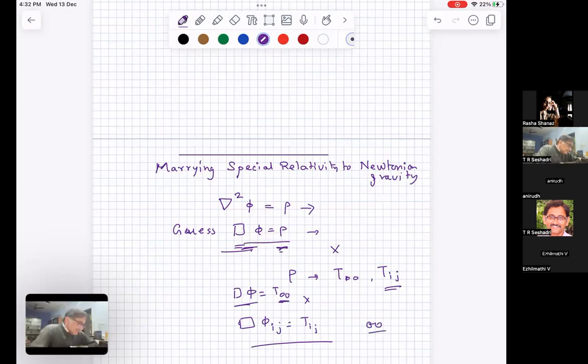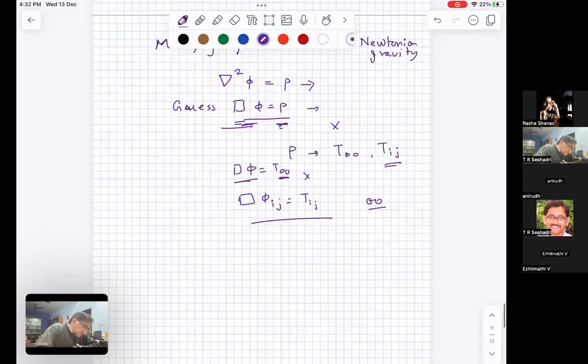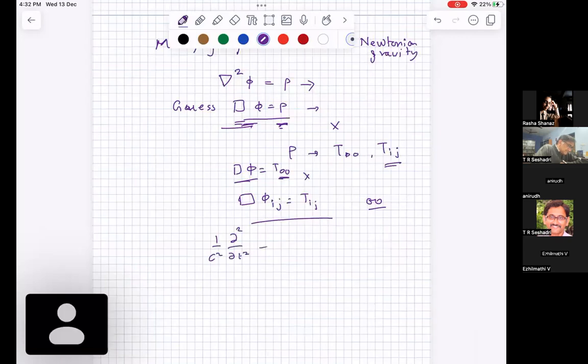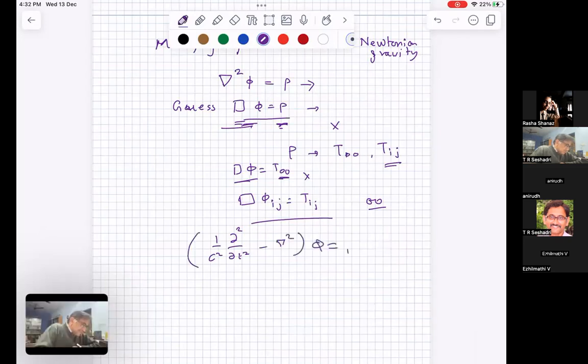And now in box phi equal to rho, what happens? I have 1 by c square del 2 by del t square minus del square acting on phi equal to rho. So this is box phi.